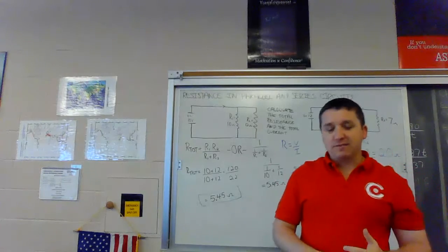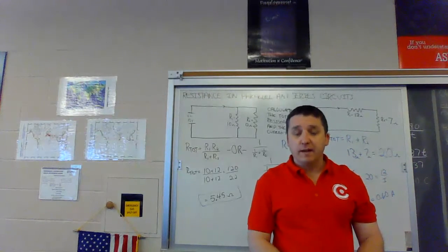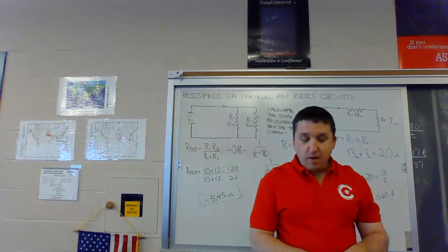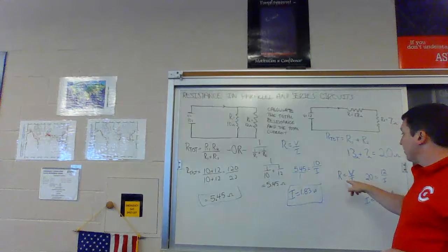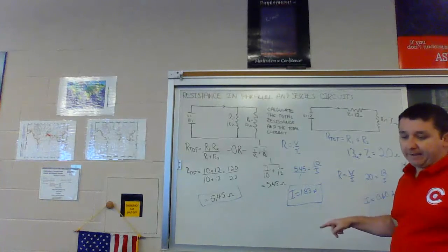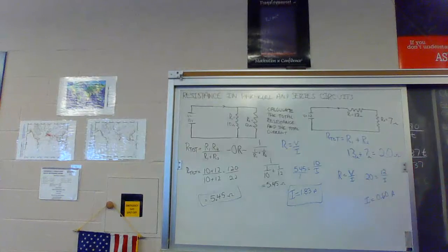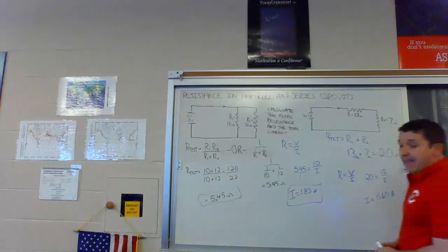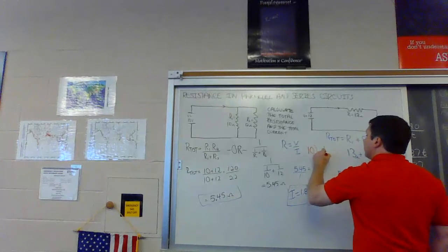And then the last question, I need you to make sure you read the directions carefully. I want you to rearrange the Ohm's law formula so that you end up solving for I. So really, what you should have for number 10 on that worksheet is this.